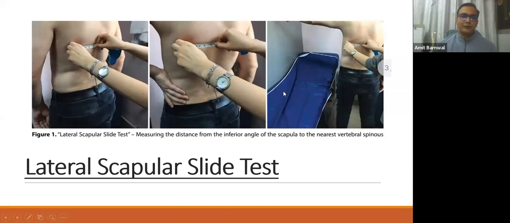We perform this in the neutral position, then with the arm at 45 degrees, resting the arm over the pelvis, and then with the arm at 90 degrees. We note down the distance between the mid of the spine and the inferior border of the scapula in these three positions, and then we compare with the other side. If there is any measurement change, then we can say that definitely some dyskinesia is present.